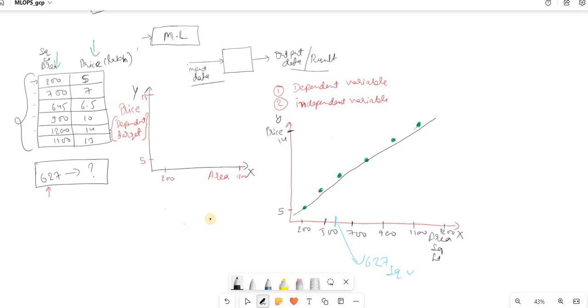If this line is a good fit, describing well all the prices for the given square feet, then definitely it can tell the best price for whatever area, here 627. So this value will be my predicted value.